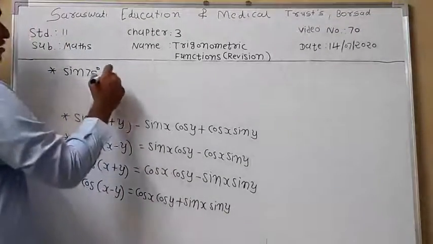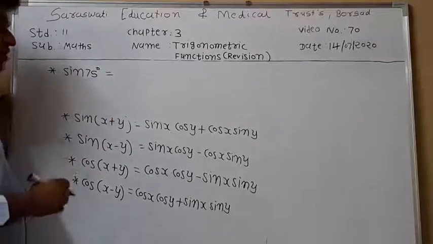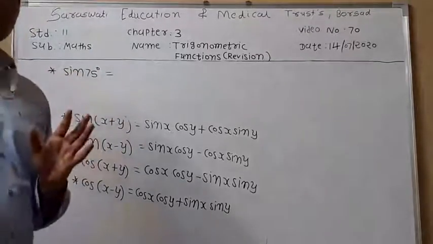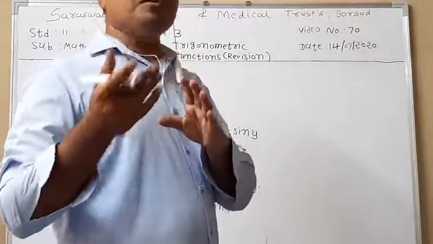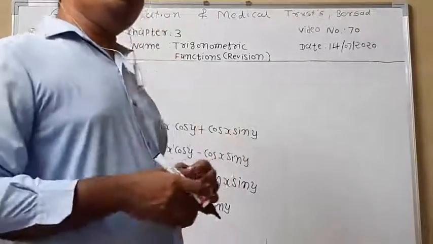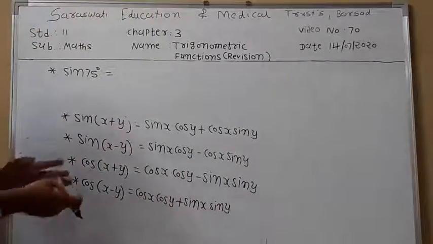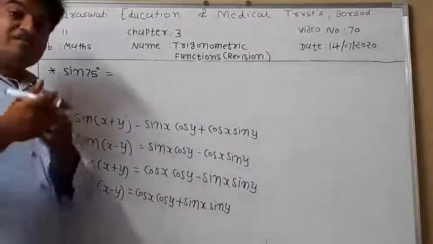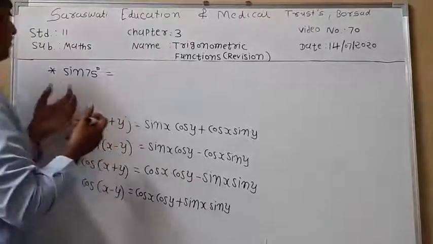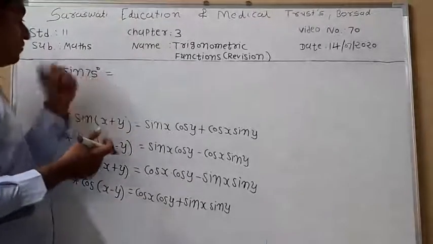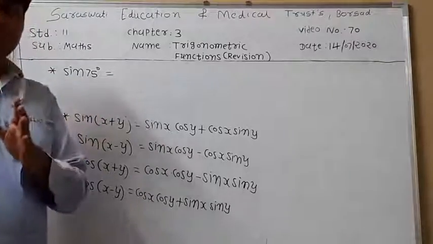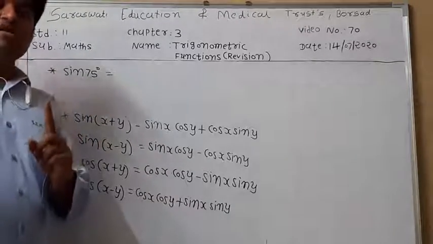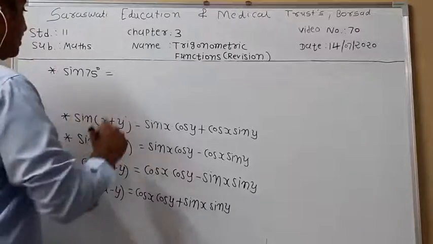So see here, in place of 75 degree we can write 70 plus 5 degree, or 60 plus 15, but these values are not present in the trigonometry table. So we select sin 75 degree in place of sin of 30 degree plus 45, because both these values are present in the trigonometry table.